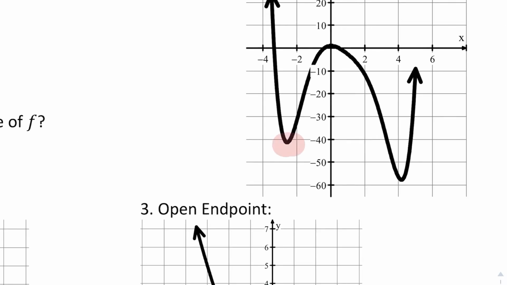I'm looking at my graph. This looks like a lowest point in its area, and this looks like a lowest point in its area. This would be a relative minimum, and this would be a relative minimum, but also an absolute minimum because it's the lowest point on the graph.